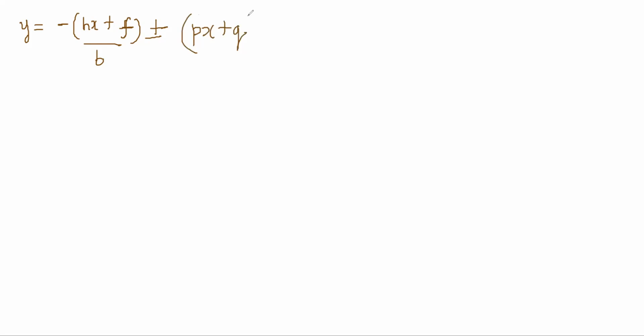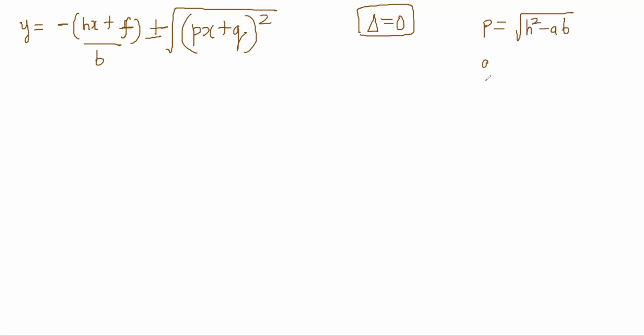After you take out the root, inside the root it was px plus q whole square. If my del is 0, that is the condition that the root inside is px plus q whole square. P is equal to root over h square minus ab, and q is equal to root over f square minus bc.